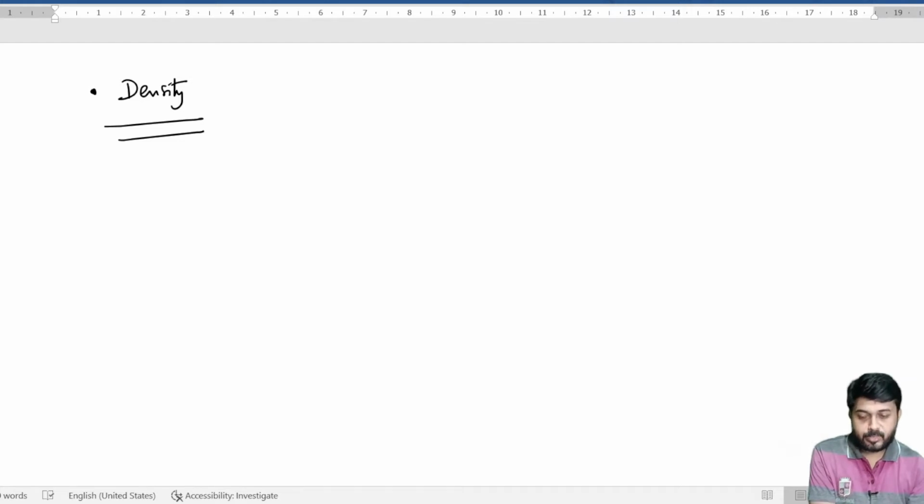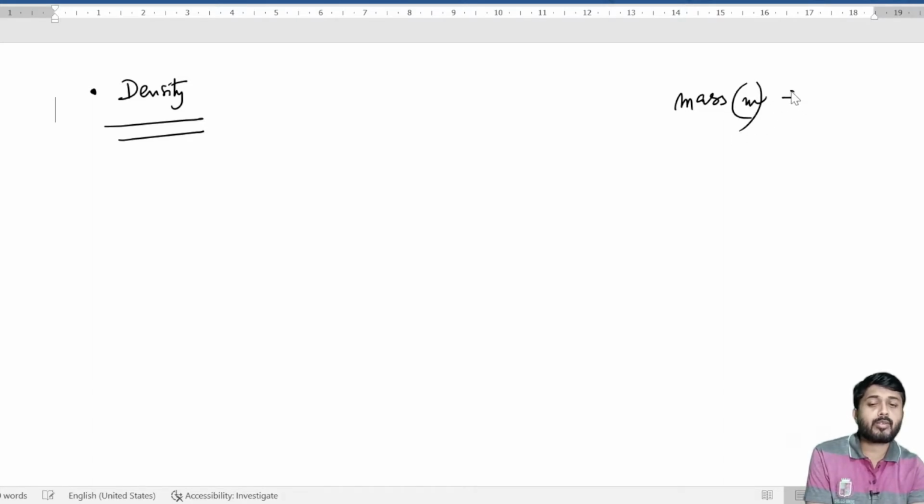Let us understand what is density. So before we understand the quantity which is density, we need to know two more physical quantities, which are mass and volume. What is mass? Which is denoted by m.